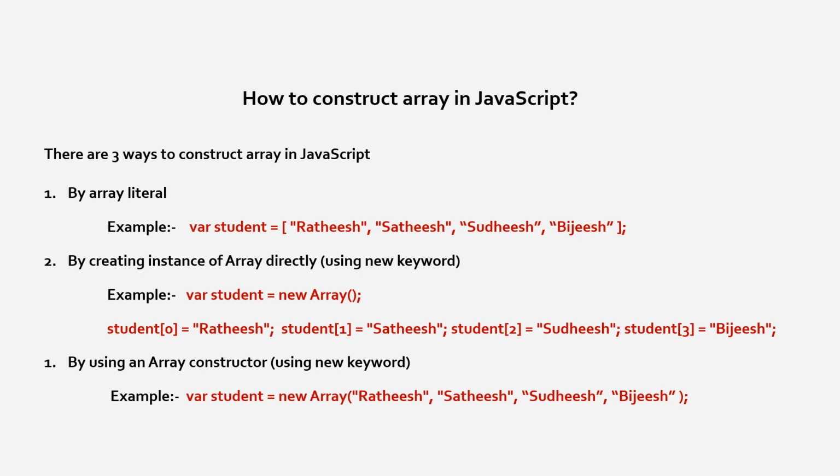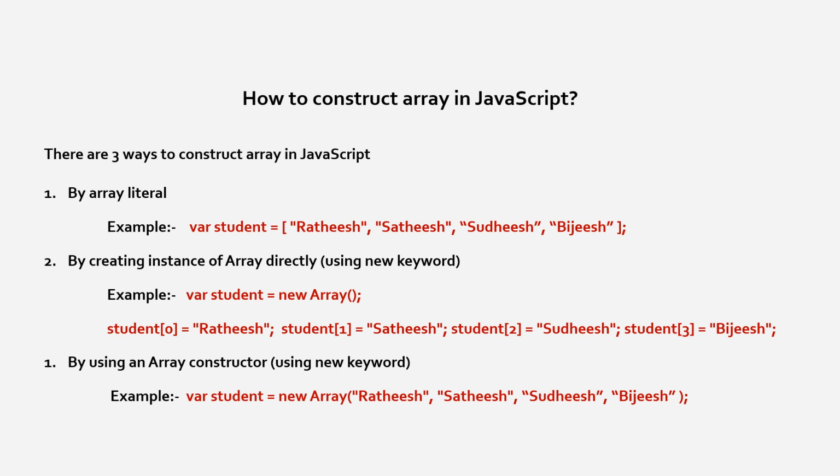We need to assign the name of the first student, the second student, third student, fourth student. Student of 3 in the sense fourth. That is clear, right?